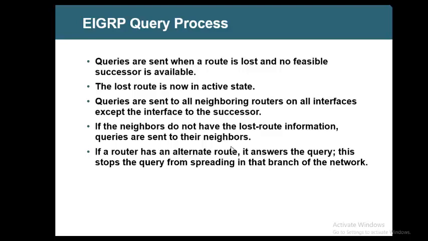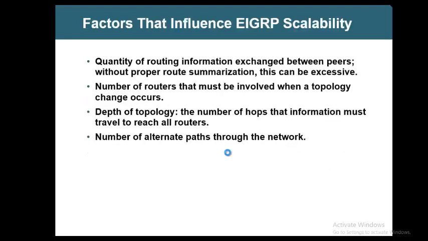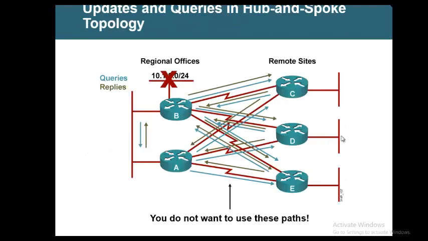Why? Even if there is an alternate route, for example, in our case, D has got an alternate route. D comes and says, I got a route. But B cannot take it. Sorry, B will take it, but B cannot use it immediately because B also has got other neighbors.